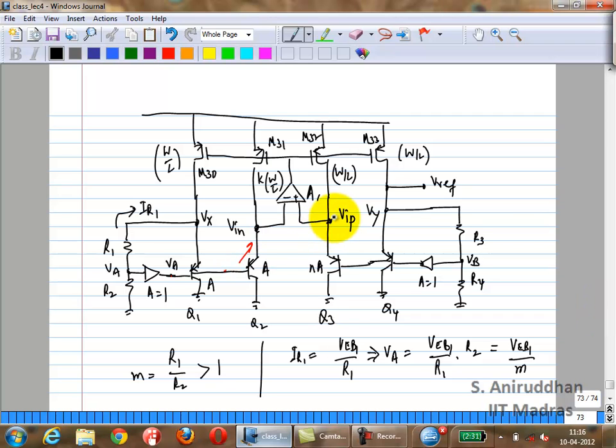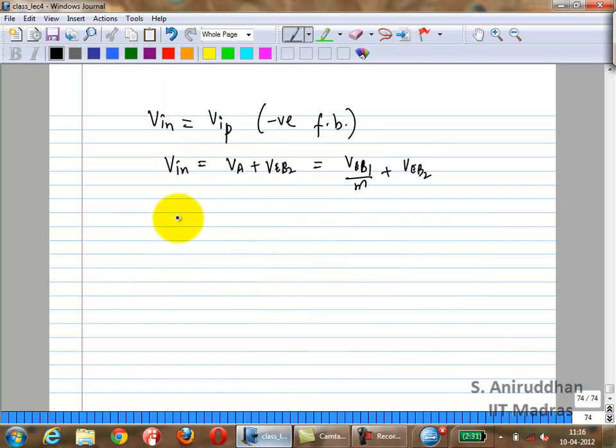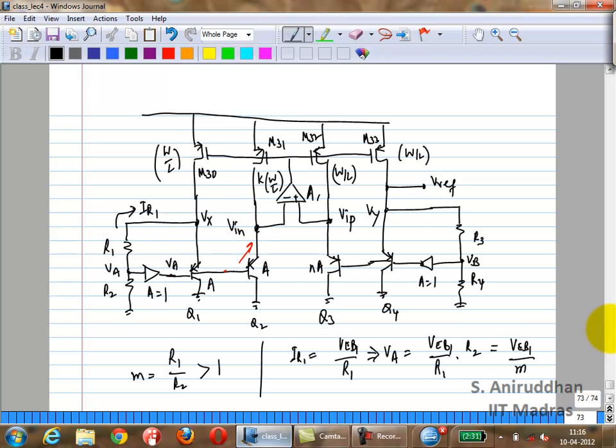Now VIP becomes equal to that through the negative feedback, and now you can write a similar relationship between VB and VIP with VEB3. VIP is nothing but VB plus VEB3.